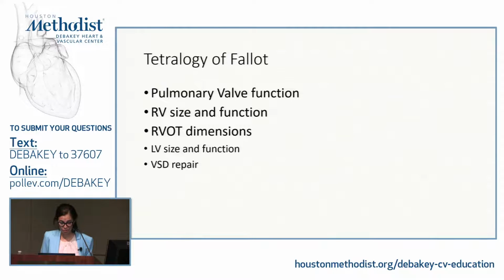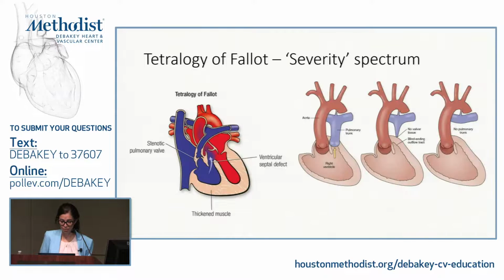We need to look at the RV size and function, the RVOT dimensions, as we're considering therapies for the pulmonary valve, and especially the LV size, because when the RV is very dilated, you can have LV dysfunction. And we also need to pay attention to the VSD repair, even though it's not that frequent to find a residual VSD.